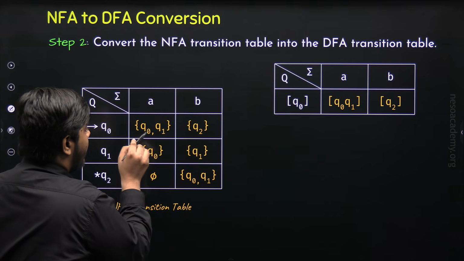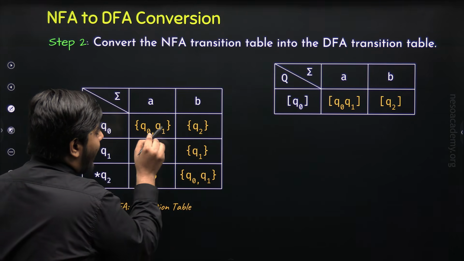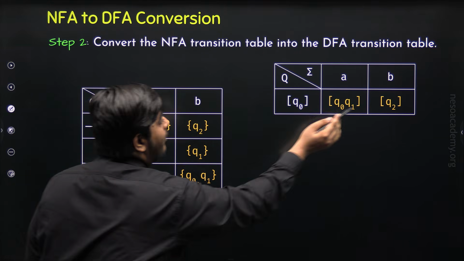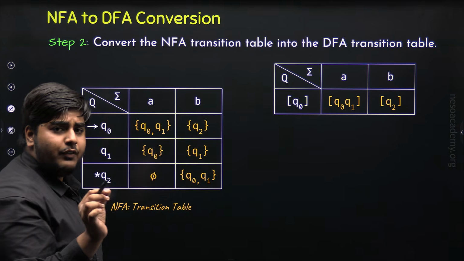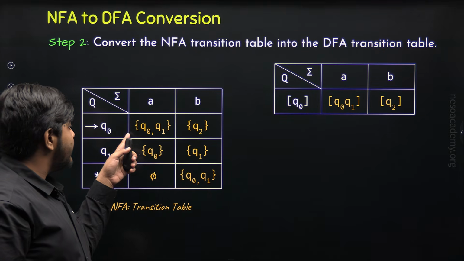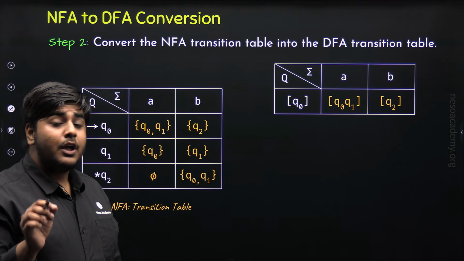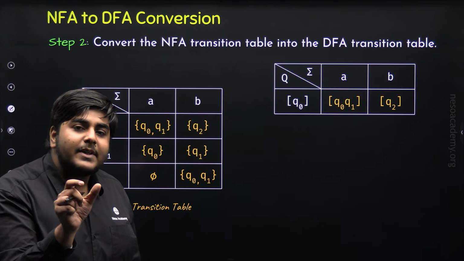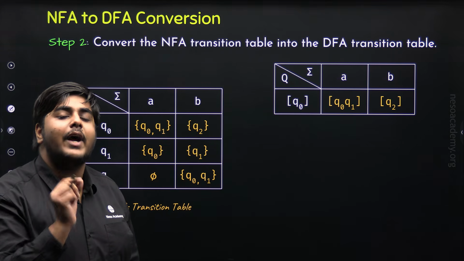So let's see the first row of the DFA. Q0 is the same. This Q0, Q1 is combined into a single state called Q0 Q1, and this Q2 is also the same. Also, you have noticed that we have put square brackets instead of curly braces. Why? Because in case of DFA, we are representing a single state. To represent a single state, we have put the square brackets.